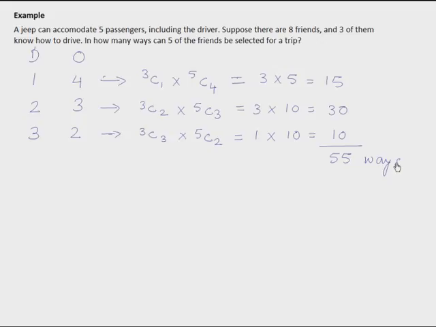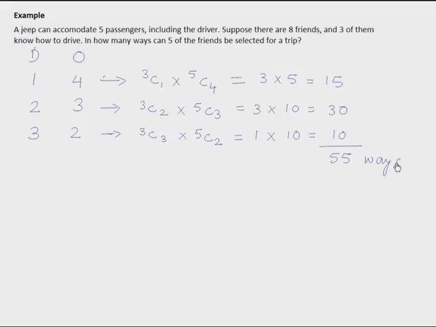So I broke down the problem into cases. Since drivers and others were differentiated, I broke them up into the number of drivers I can select and the number of others I can select. And they should total 5 because I need to select 5 friends.